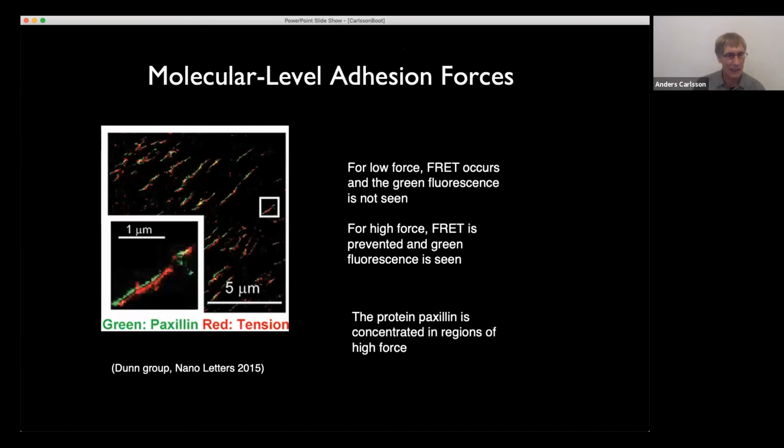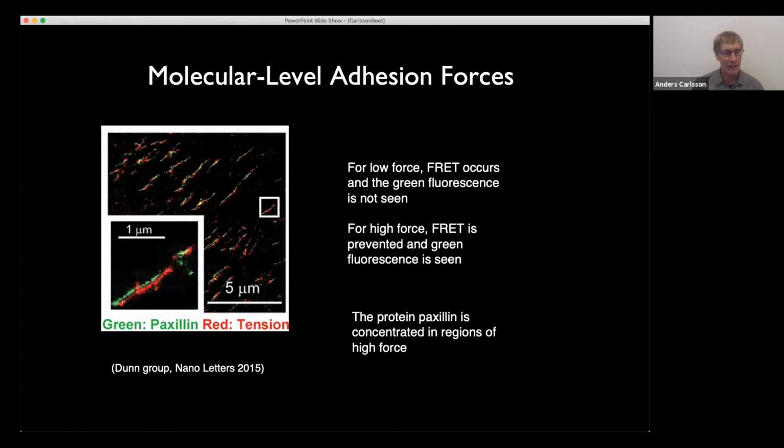And so here's a result of a measurement like that. They're looking at paxillin, which is connected with focal adhesions. And so they're plotting, on the one hand, the paxillin distribution on the substrate, and they're also plotting the tension.